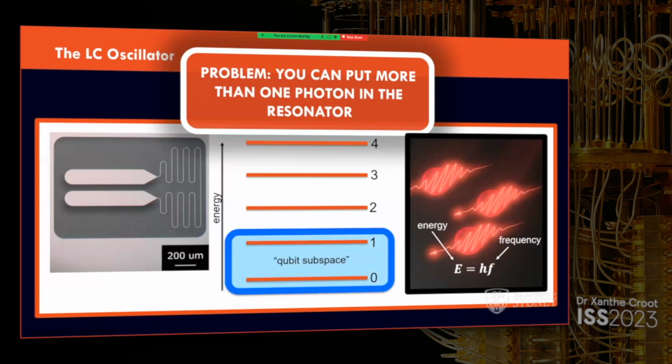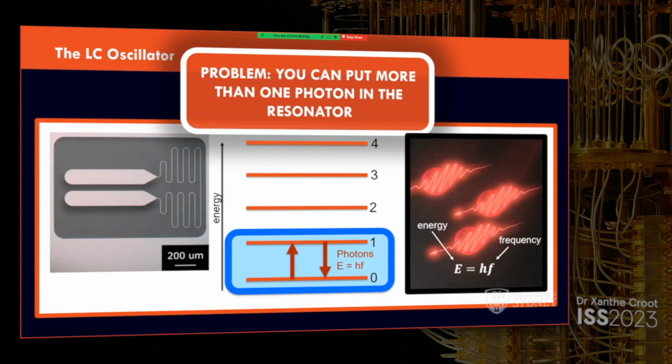So if I want to make a qubit, I want a 0 and a 1, and I don't want anything else participating in my qubit system. So ideally, I'd be able to shine in a photon of energy, hf, and control whether I'm in the 0 state or the 1 state.